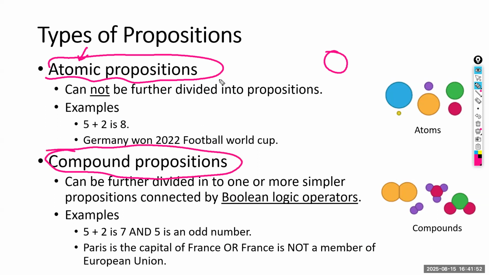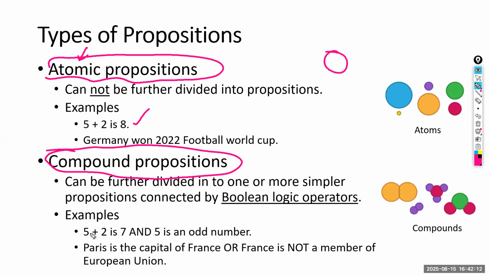Right? It's super easy, right? For example, when I say 5 plus 2 is 8, it's an atomic proposition. You can't find any sub propositions. And Germany won the 2022 Football World Cup. It's just a single proposition. You can't break it and say I have two propositions in this.